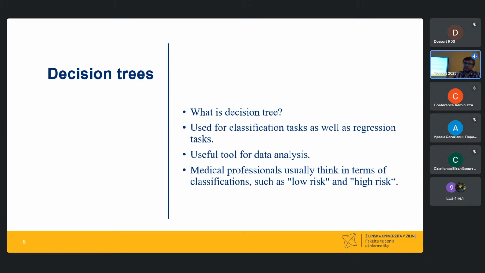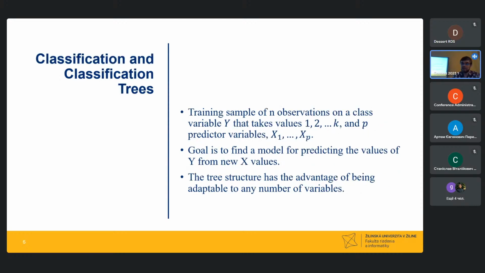But medical professionals usually think in terms of classification, such as low risk and high risk, and because of this, we decided to use a classification tree in our research. Without going into too much detail, the classification is a process of predicting a variable epsilon that takes value 1 to k, based on p predictors x1 to xp.